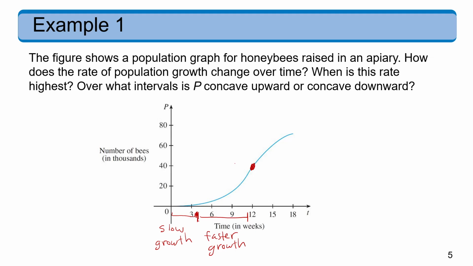To the right, it's concave down. And notice it's right at that inflection point that the rate of growth, the tangent lines, start to flatten out. So the slopes start getting smaller when we pass this inflection point. So now the growth rate is slowing down.